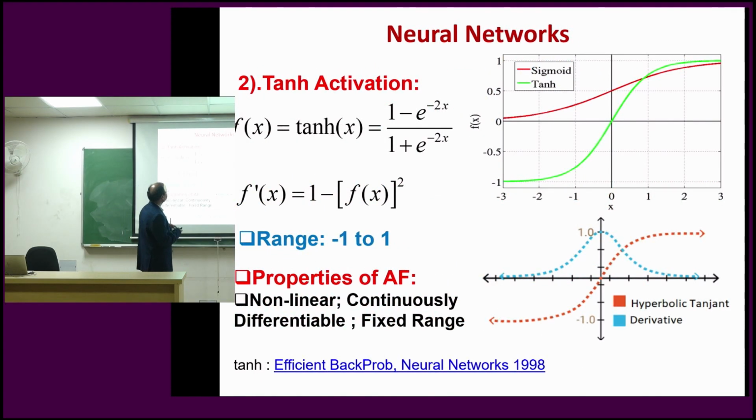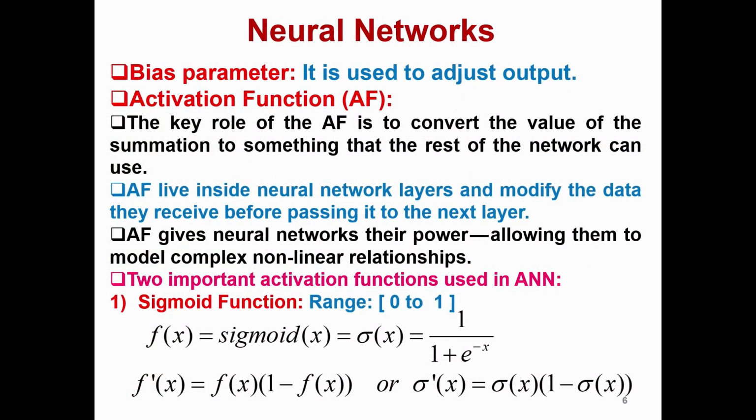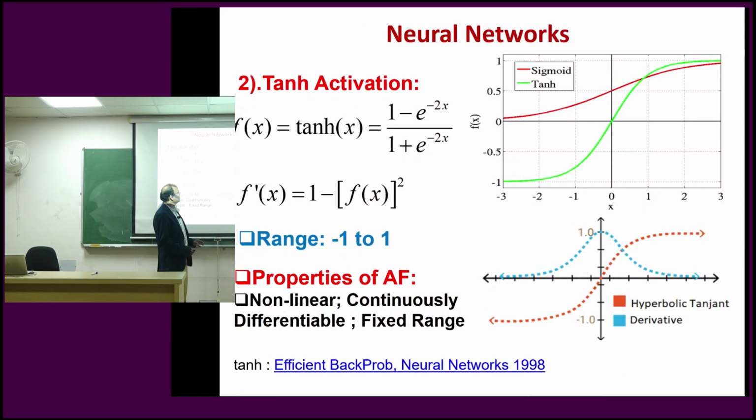But one problem with the sigmoid activation function is that the output is always between 0 and 1. That is not always correct, because sometimes negative values also make a significant difference. So instead of the output always being between 0 and 1, what can we do?